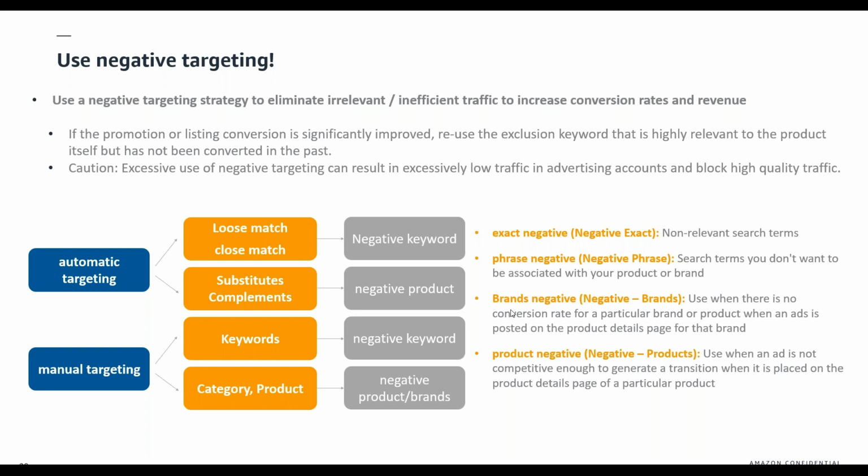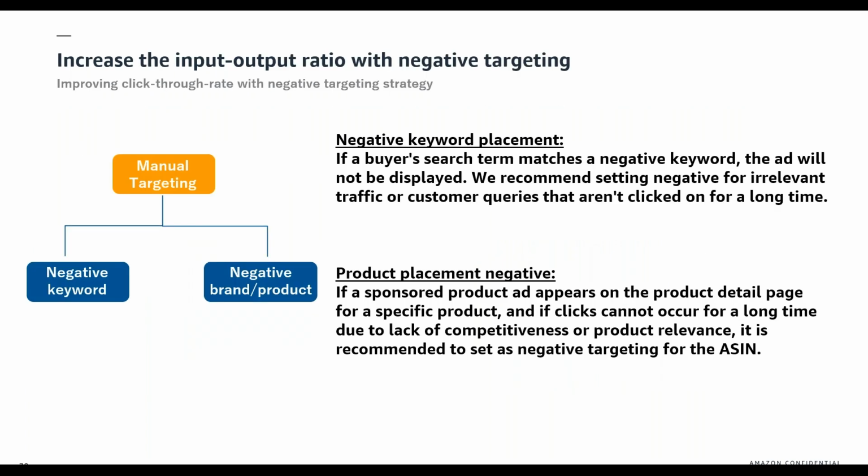It could mean that that brand could be targeting your product detail page. Or, for example, you just happen to keep appearing beside that specific brand. So we can actually just negative target this brand or product if we find that it's not helping us in terms of generating orders in the long term. So that's how we use negative target.